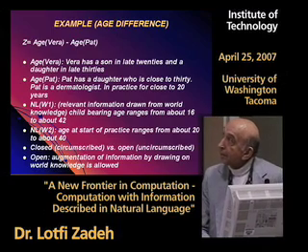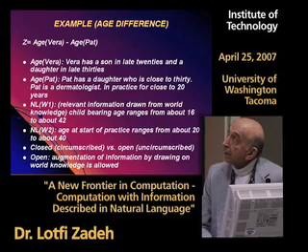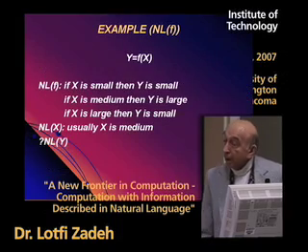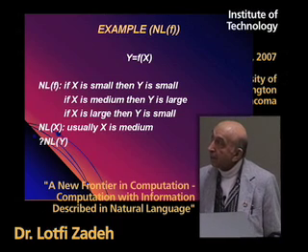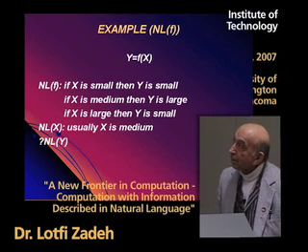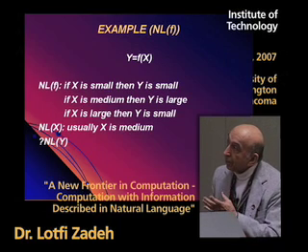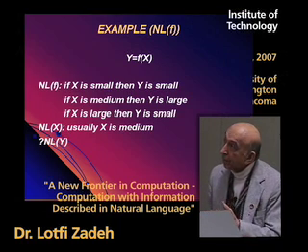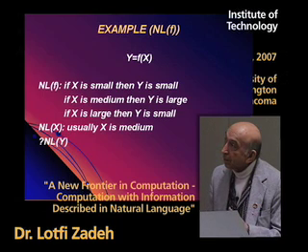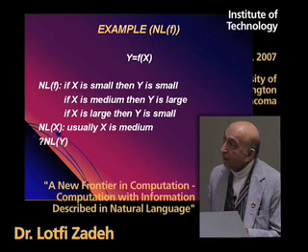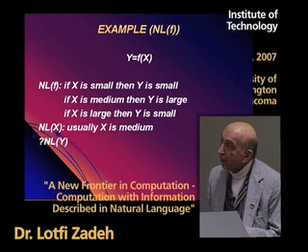So here is an example. y is a function of x. Now I describe the function f in the form of what I call fuzzy if-then rules. If x is small, then y is small. If x is medium, then y is large. If x is large, then y is small.